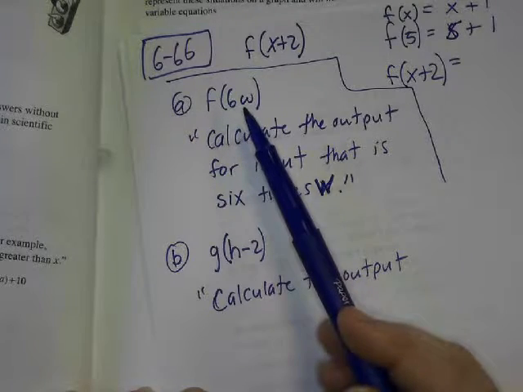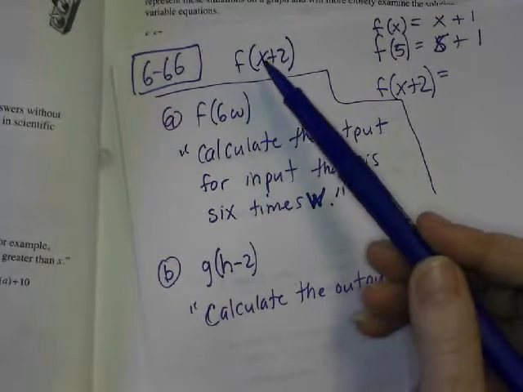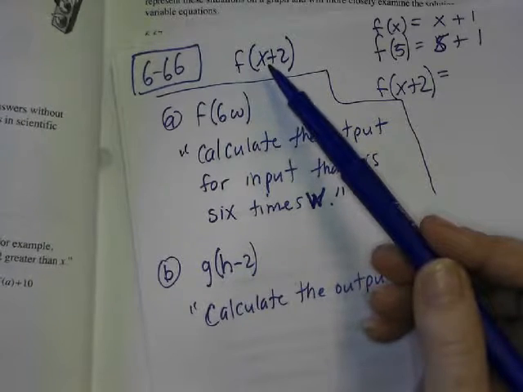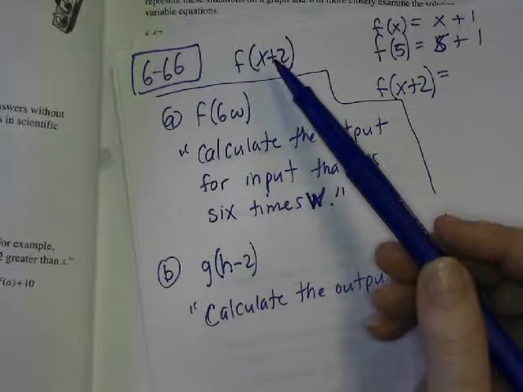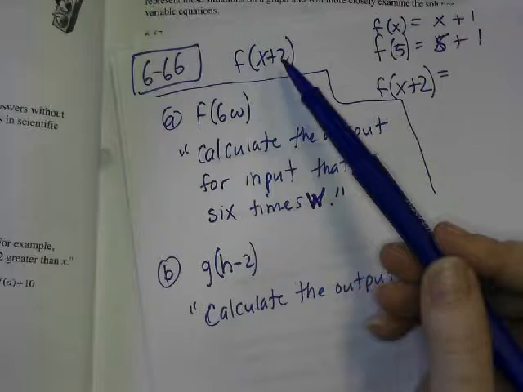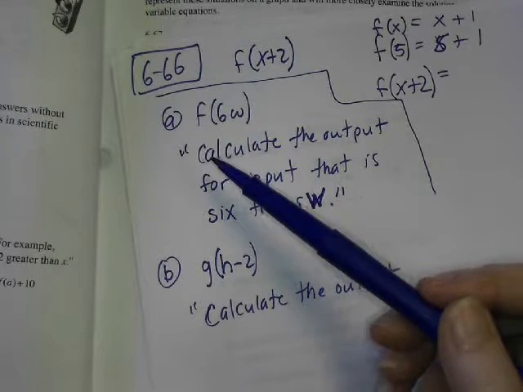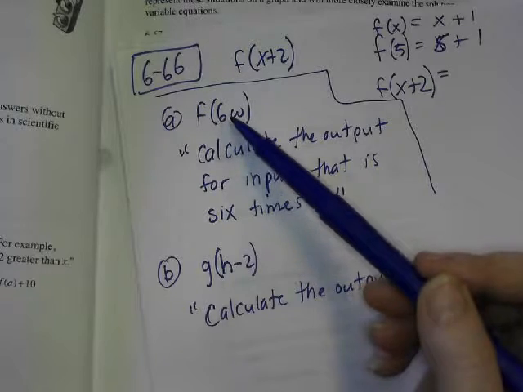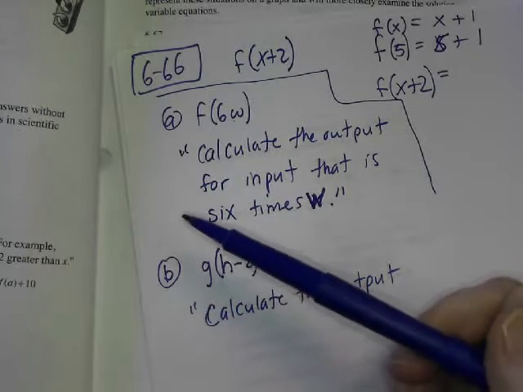W is the input, or up here, x was the input. It's the number you plug in. They want you to do a calculation for an input that is 2 more than x. So this one, you'd calculate the output for an input that is 6 times w.